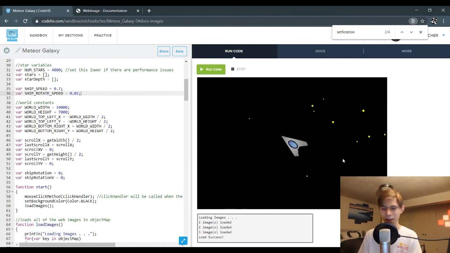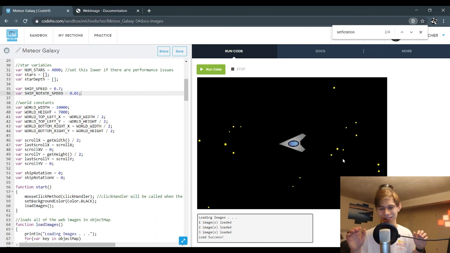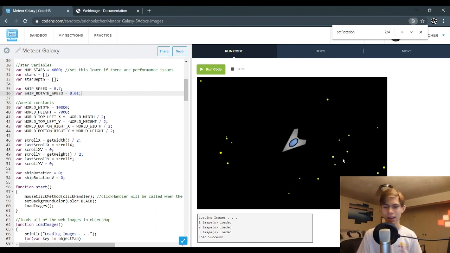The stars are doing the right thing. They're doing the parallax background, and you can fly and rotate, and it'll go in the direction you're pointing, and then it'll also kind of drift around. But if I'm not pressing anything, hands off the controls, it'll gradually slow down since we're dividing the velocity. That makes it a little bit easier to control.